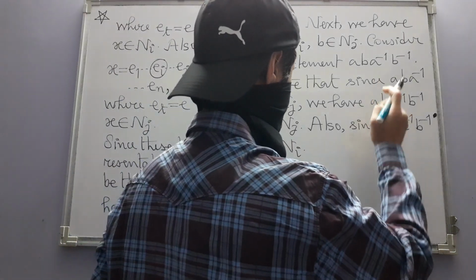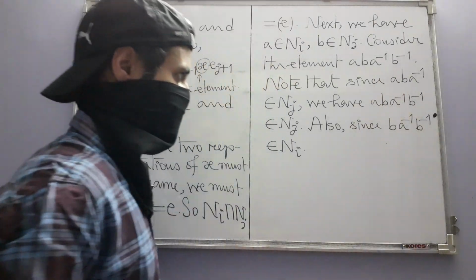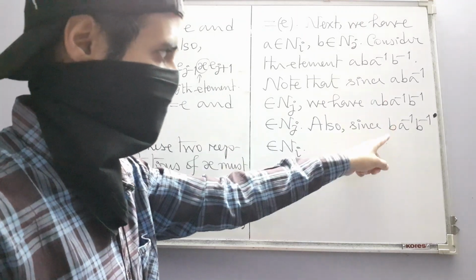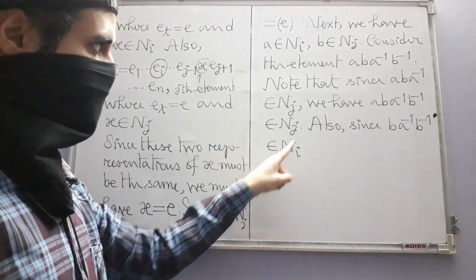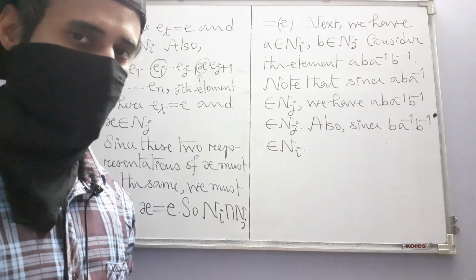But then looking at this product of what? a and b a inverse b inverse, both of which belong to Ni, the product also needs to belong to Ni.